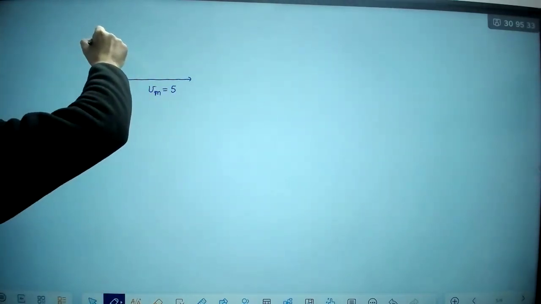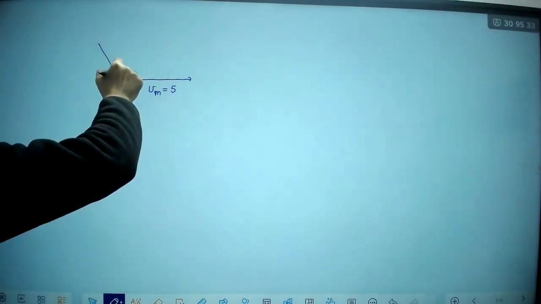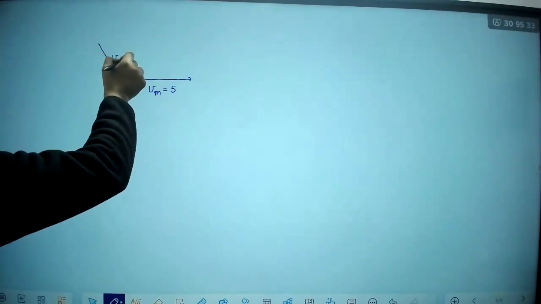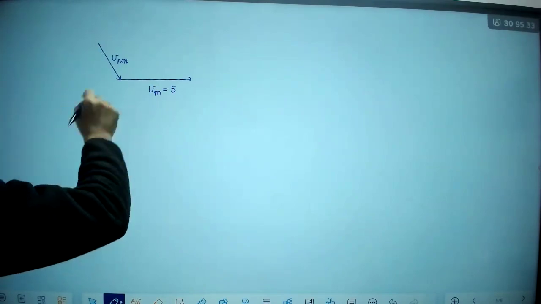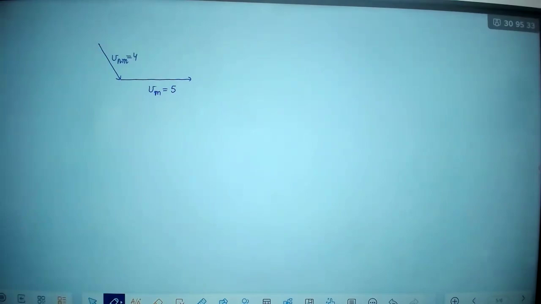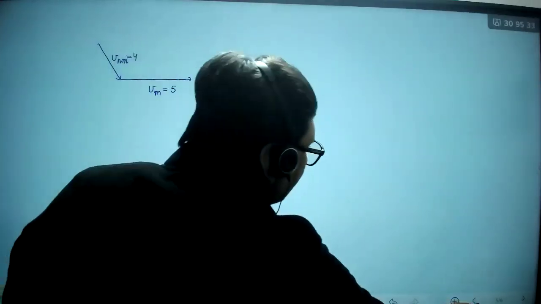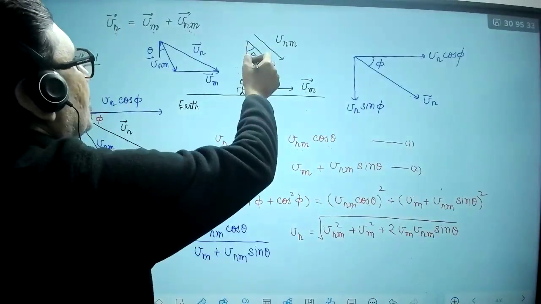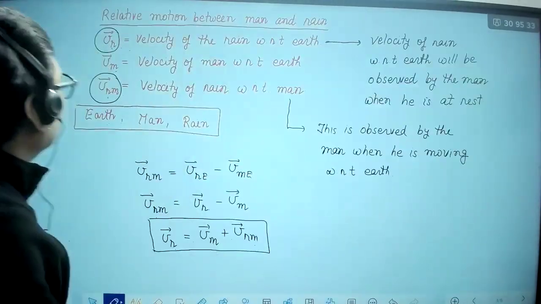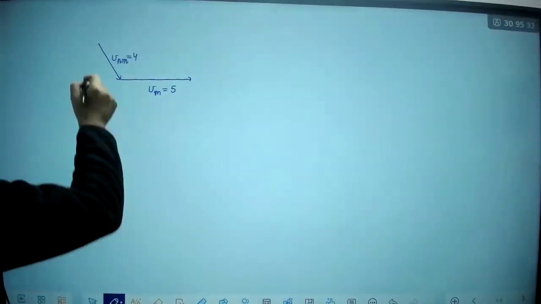Second, he is observing that rain is falling in this direction. This is VRM, and suppose this is 4. And the angle, this angle, I'm saying is 30 degree. So these are very simple problems.